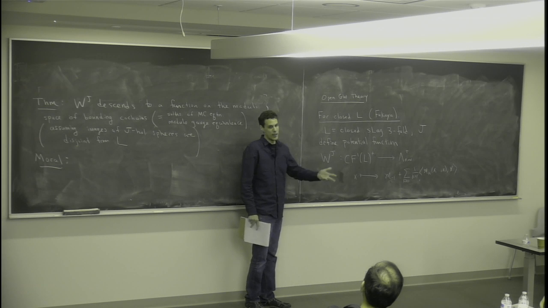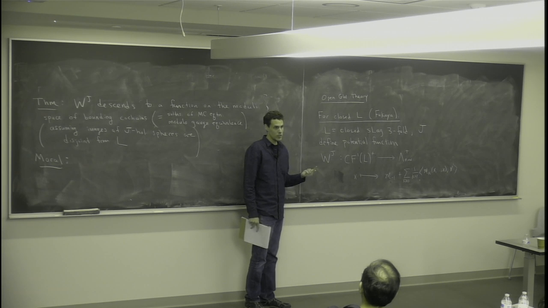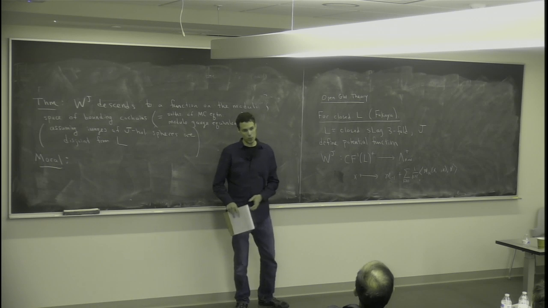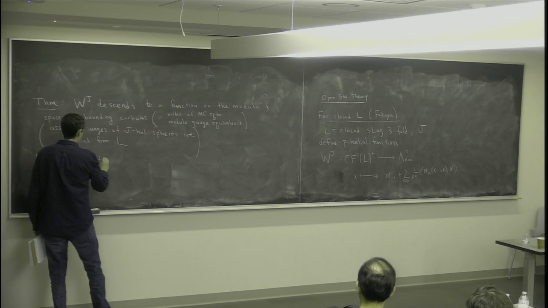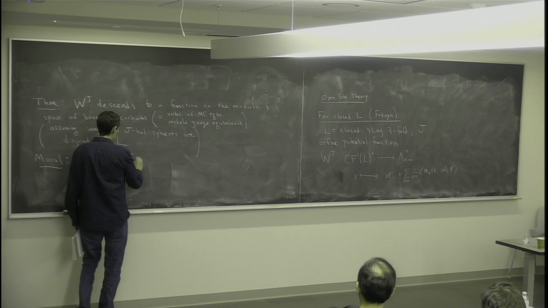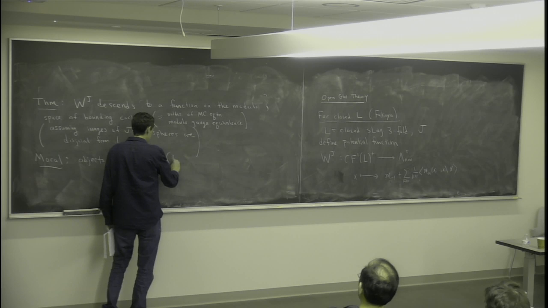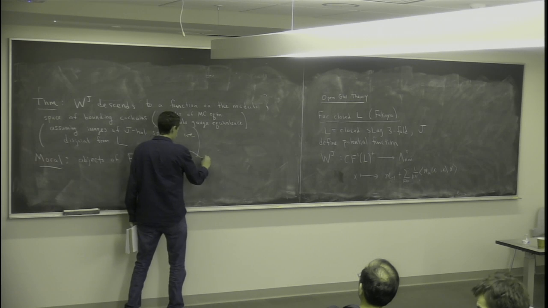So objects of the Fukaya category are Lagrangians plus bounding cochain. Or maybe you should think of it as a gauge equivalence class of bounding cochain.